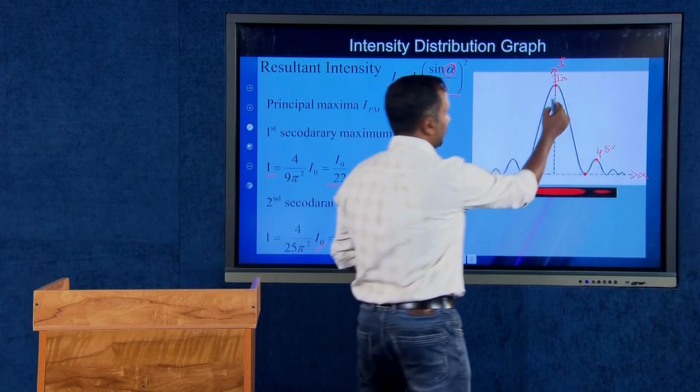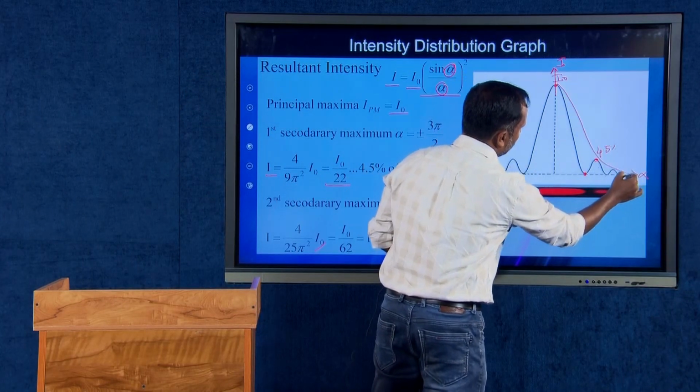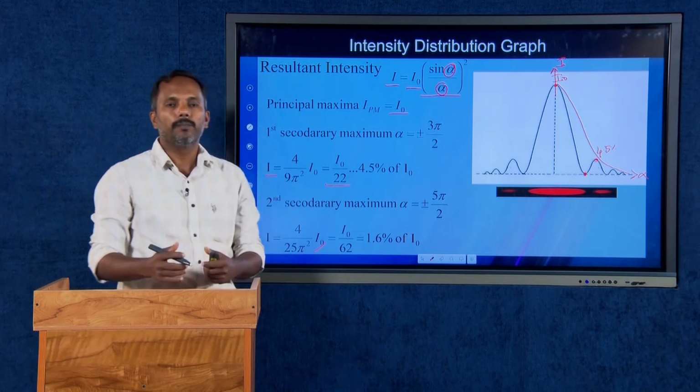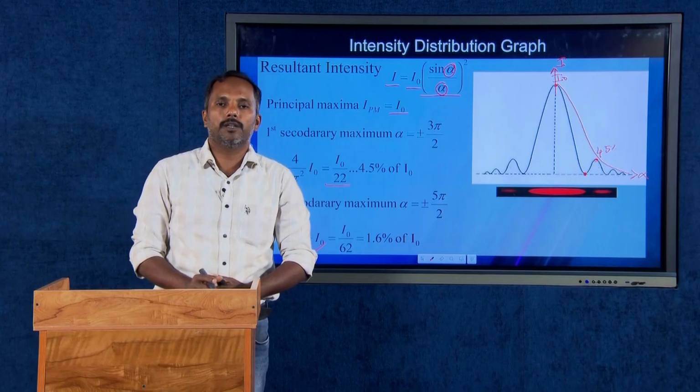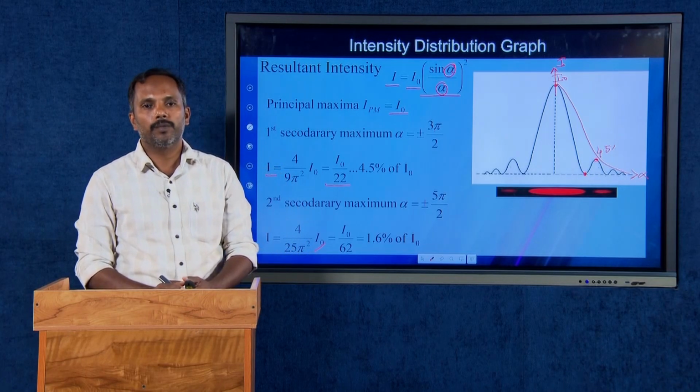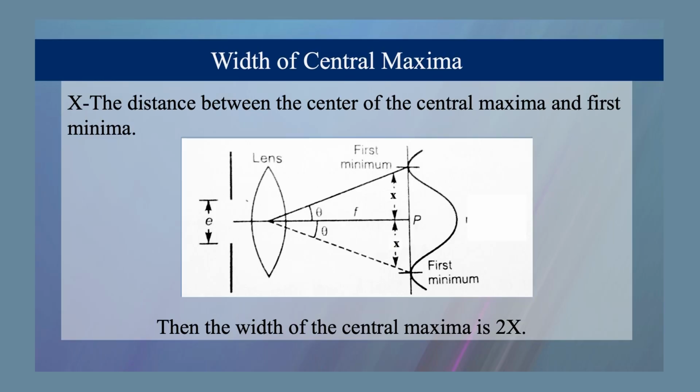Again the intensity is decreasing like this. So, this is the intensity decrement in the intensity distribution graph of the diffraction pattern obtained from the single slit. Now, let us see what the width of this central maxima is.